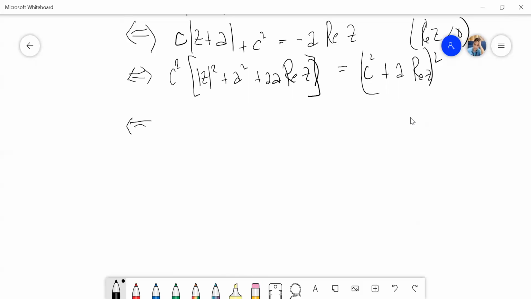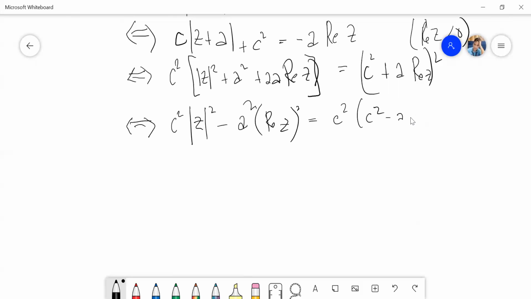So my final answer will be c squared, that's the square of the modulo of z, minus a squared times the real image of z, squared. That is c squared times c squared minus a squared.